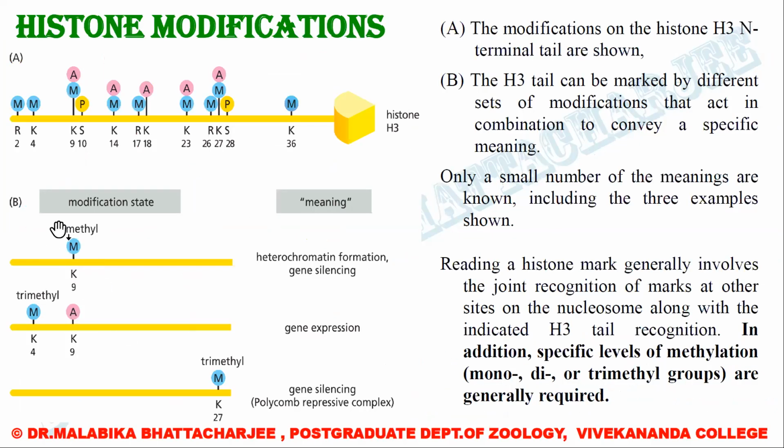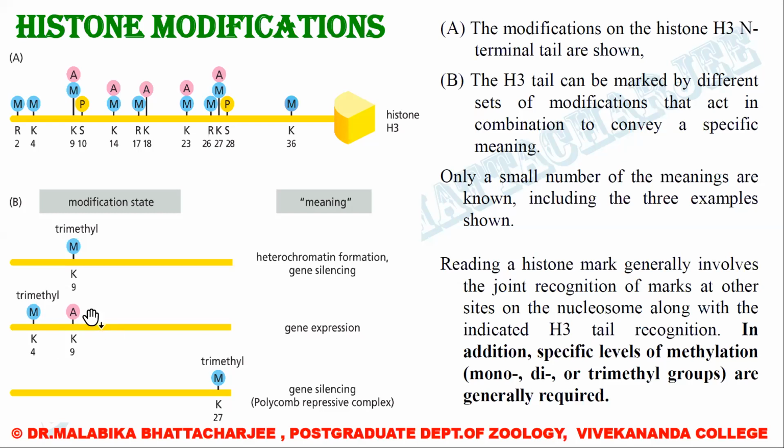And the modification state, as I started with, actually gives an output signal. So if it's a trimethylation, then the signal is gene silencing. If it's at lysine 9, again, if there is a methylation at position 4 and acetylation at position 9, that is gene expression.